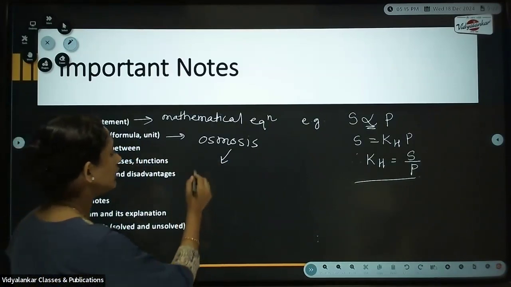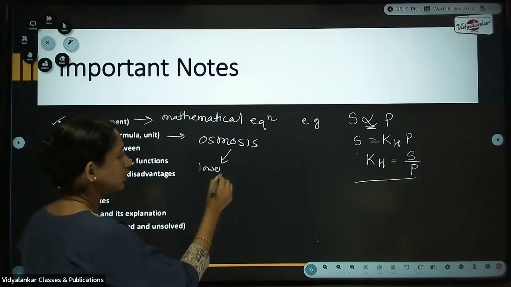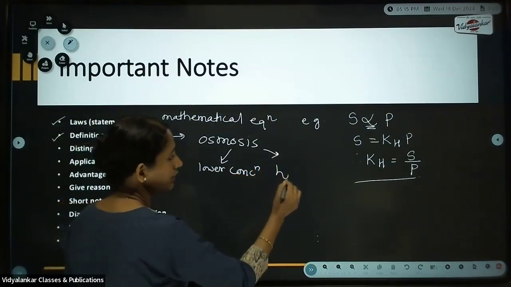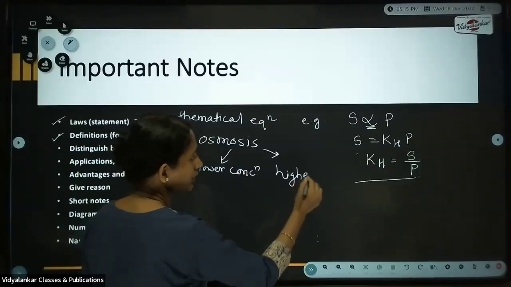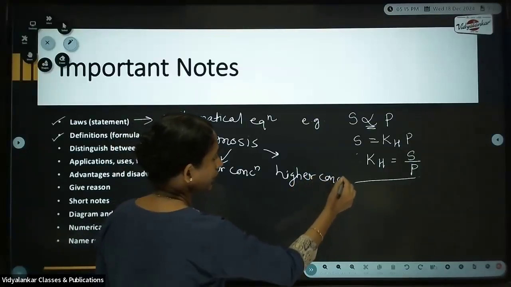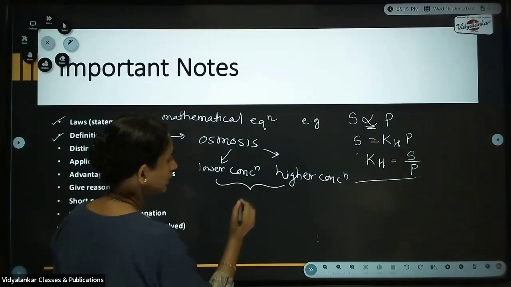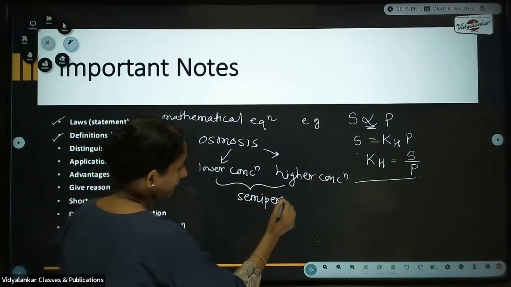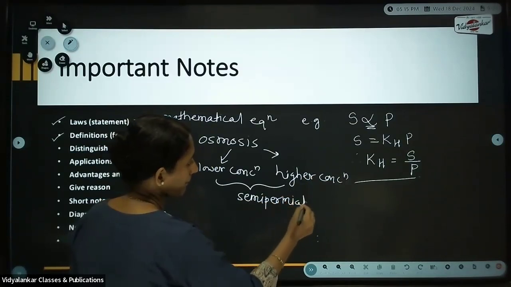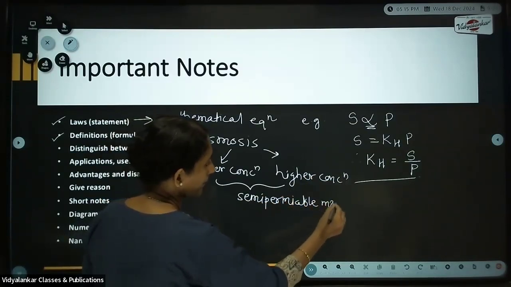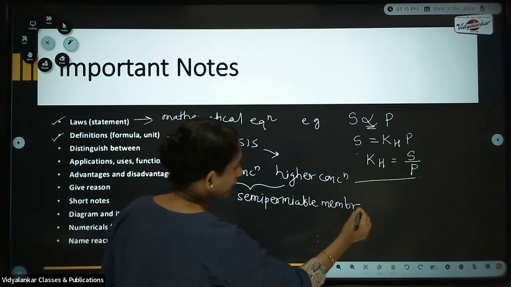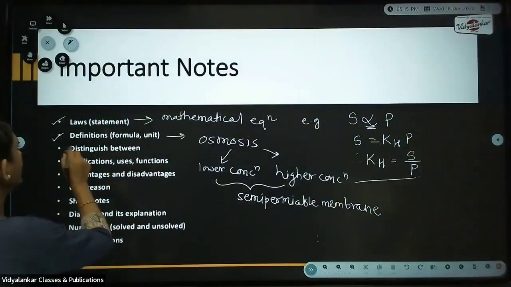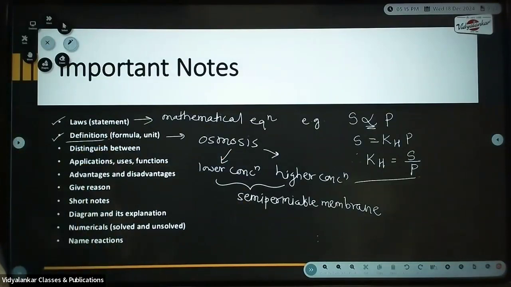Lower concentration is a keyword, higher concentration is a keyword, and flow through the semi-permeable membrane. Clear? So these keywords are expected in the definition.